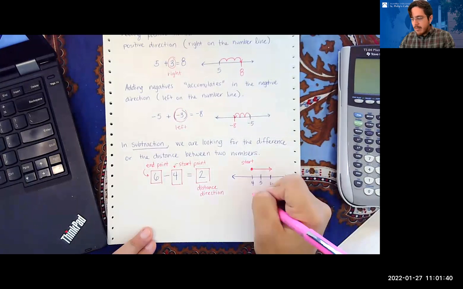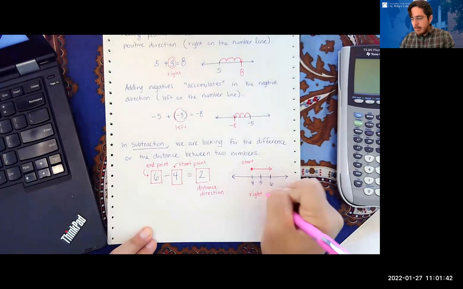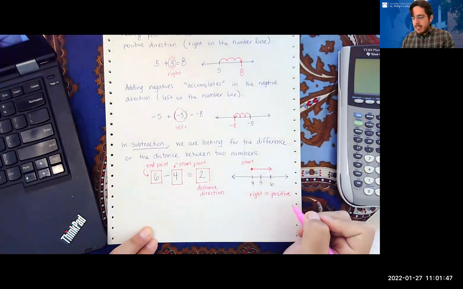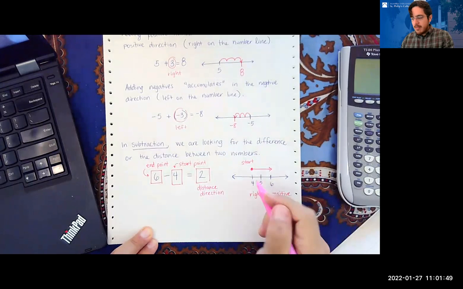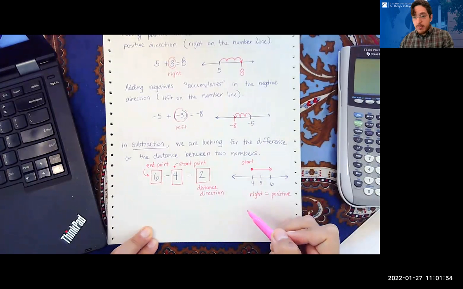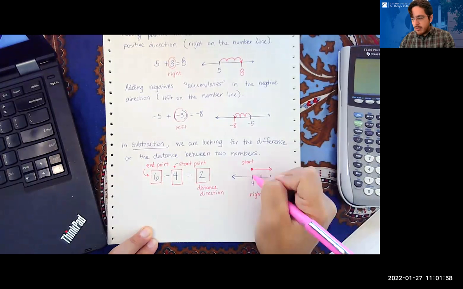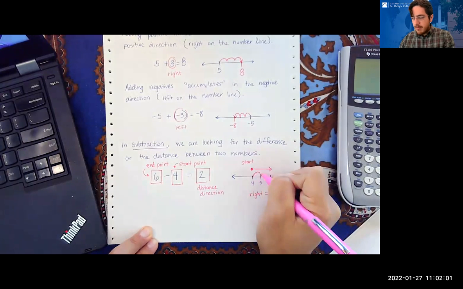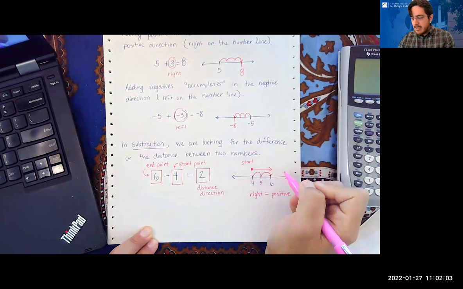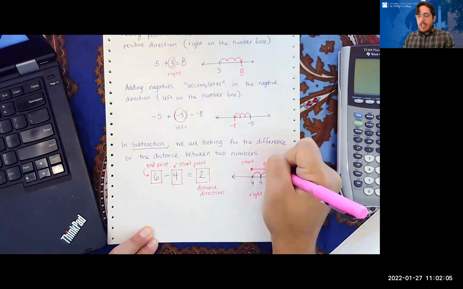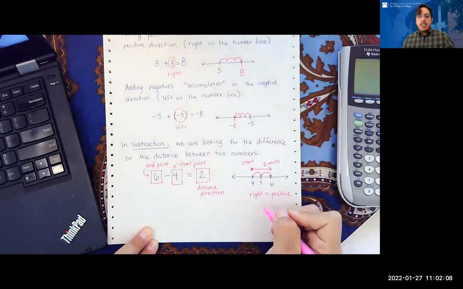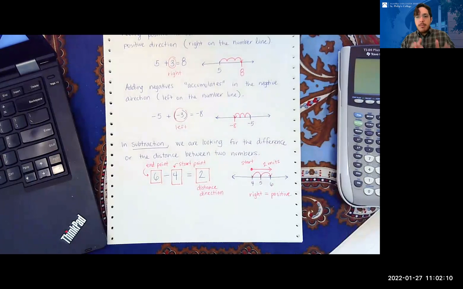And if we move to the right, then our answer should be positive. And how many units to the right did I move? 3. Did I move 3 units? Let's double check that, right? If we started at 4, we move 1, 2. Oh, my bad, it is 2. I'm sorry. Yeah, we move 2 units to the right. So that makes sense. 6 minus 4 should be positive 2 because we're moving 2 units to the right.